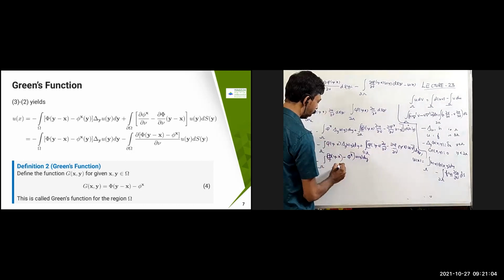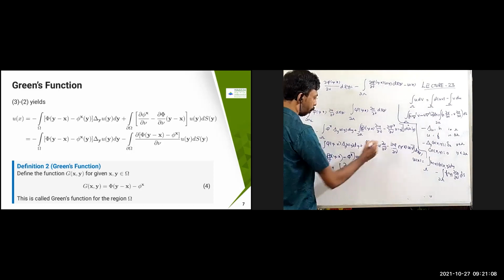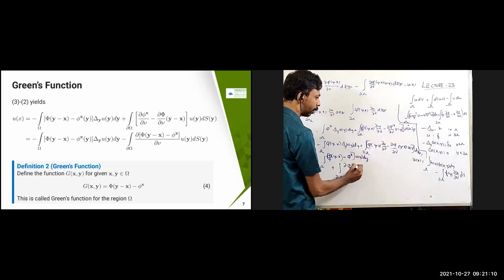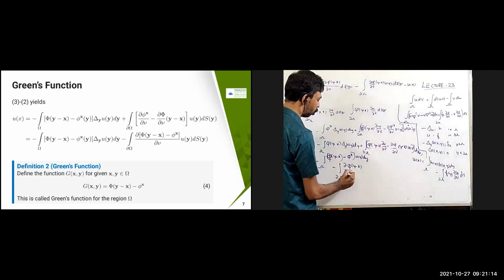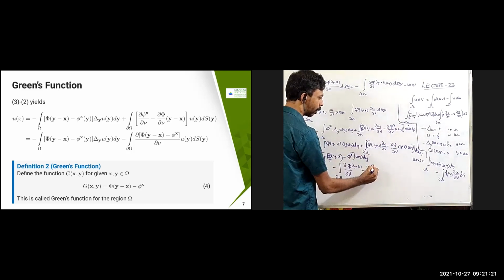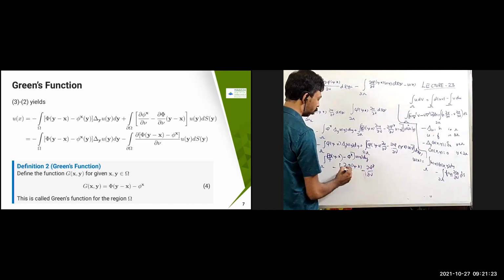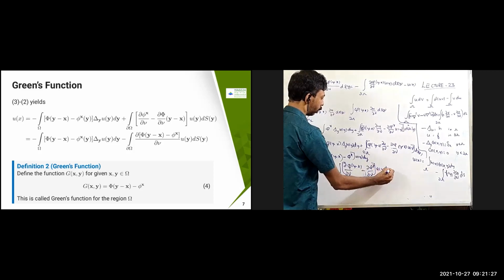Okay, so integral over dou omega, this is going to become dou pi of y minus x. Okay, so I'm just going to keep minus here. Dou pi of y minus x by dou nu into u of y, I'll put it later. Okay, minus this is going to become dou pi x by dou nu into u of y into dsy.